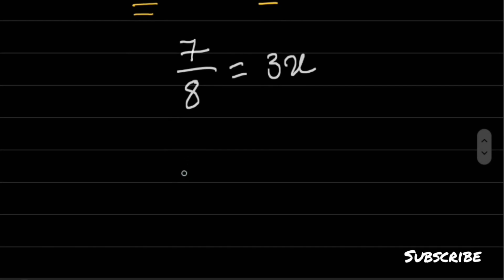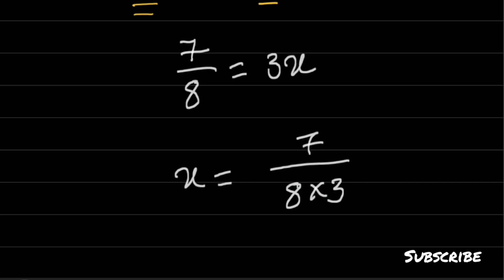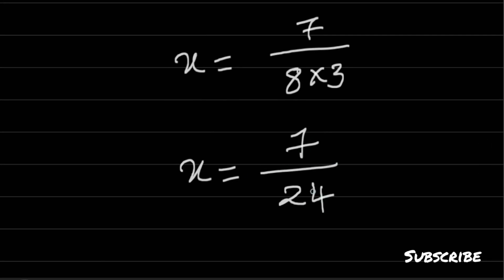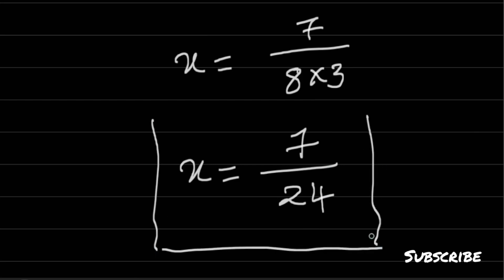That is, x will be equal to 7 on 8 times 3. Thus, x will be equal to 7 on 24. So this is the value of x for this equation.